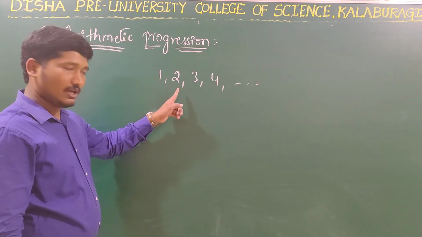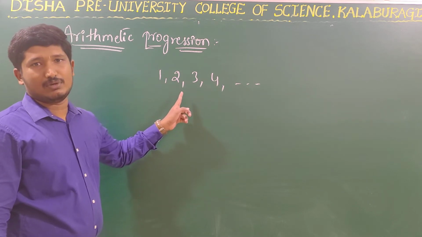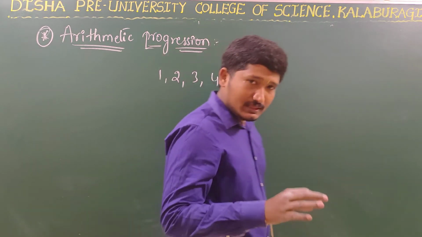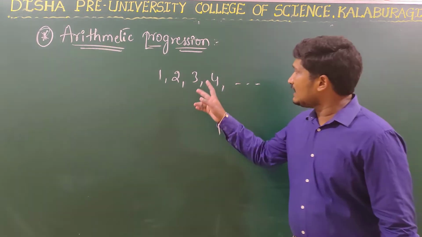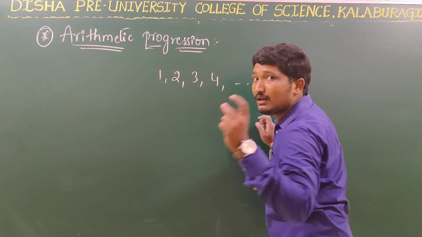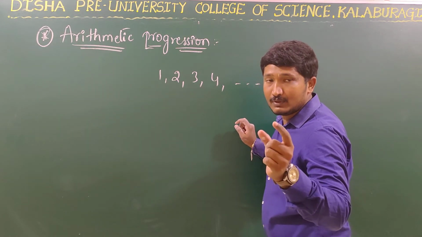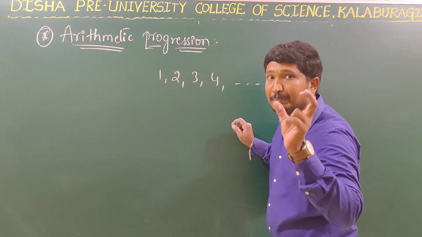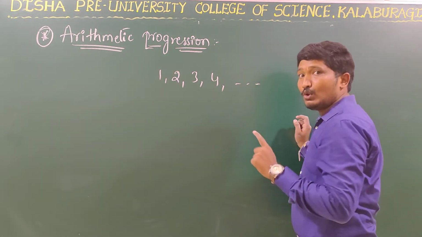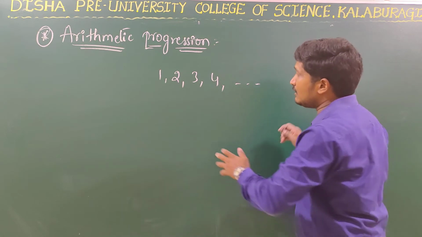See, this is a sequence of what? Natural numbers. You can easily tell, right? So in this sequence, as you can see that there is some particular pattern, right? There is some specific pattern that is followed by this sequence.